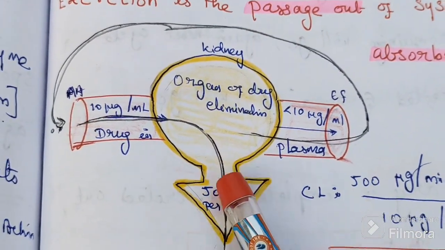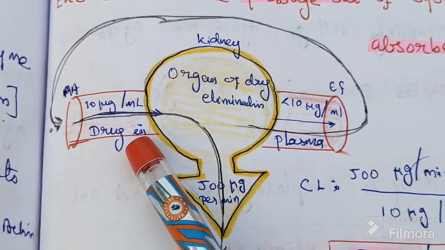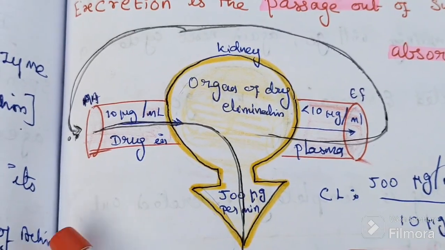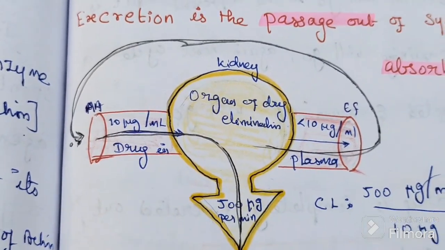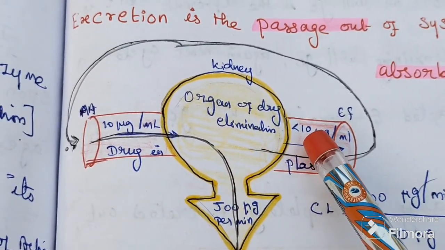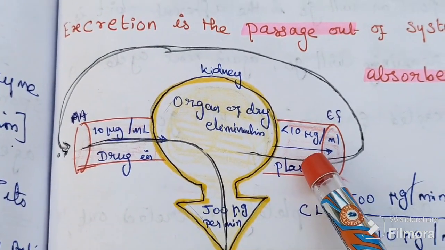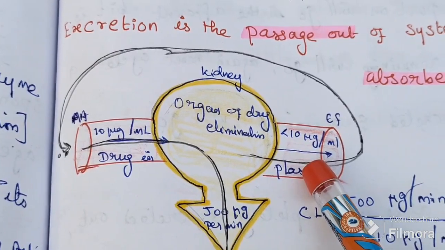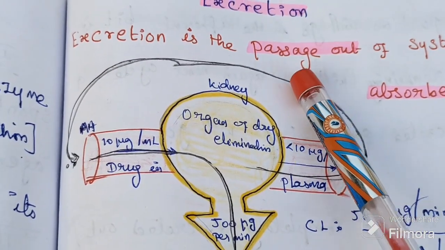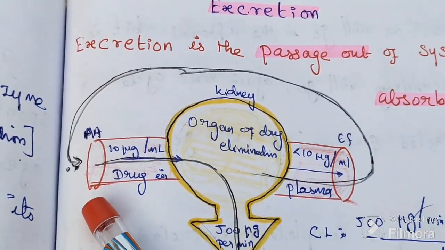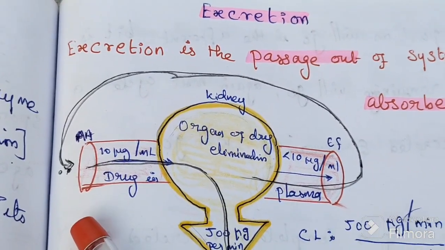So this is the kidney and the drugs. A portion of the drugs is excreted in the urine, and the remaining portion will come back here, to the efferent arteriole. Now the remaining portion will go through the kidney in the next cycle.